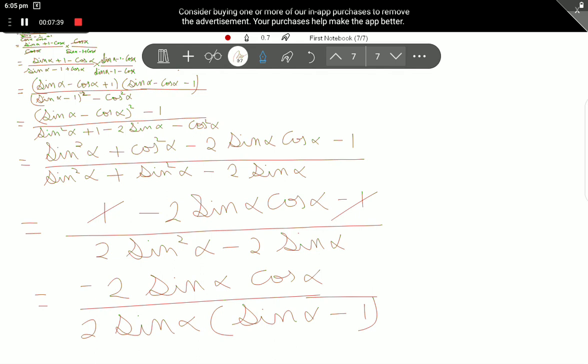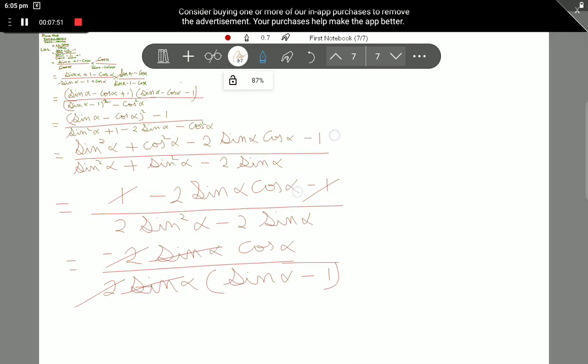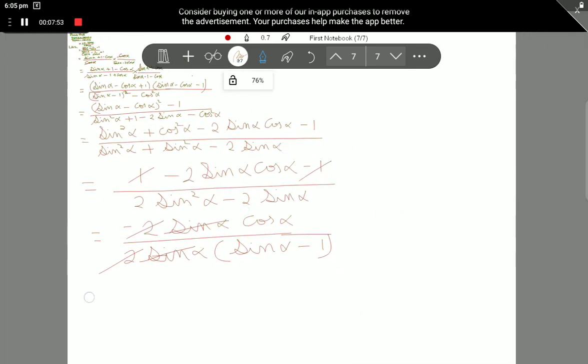Let's cancel sin alpha from the numerator as well as the denominator, and also 2. So the entire expression can be written as cos alpha by 1 minus sin alpha.